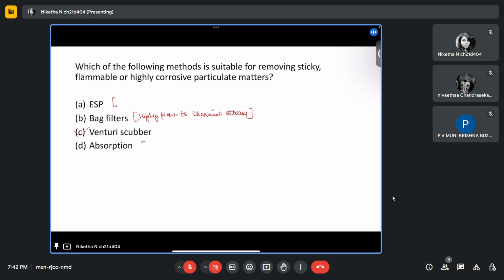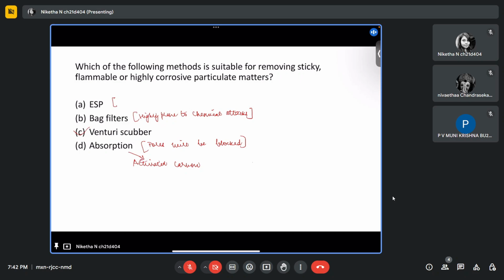And if we use sticky substance in adsorption, then the pores will be blocked. When you use activated carbon, which is highly porous, the pores will be blocked when you pass a gas which contains sticky substances.